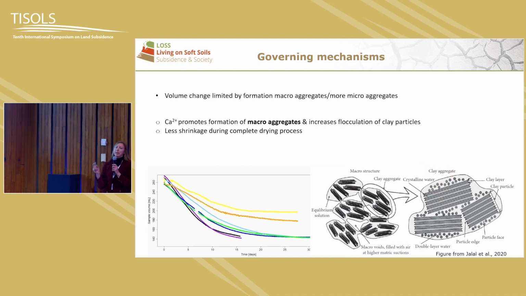So there's more micro particles in your soil then. The other thing it does is that it also sticks these micro particles together to form this macro structure. And as we see directly from the beginning of the shrinkage, we see a decrease in shrinkage. It's probably these big particles that are the governing mechanism here.